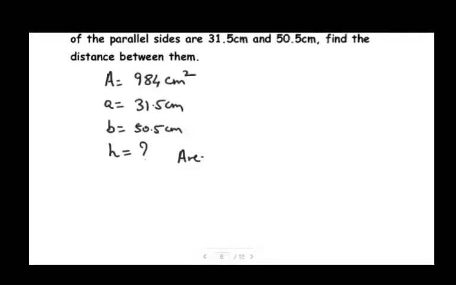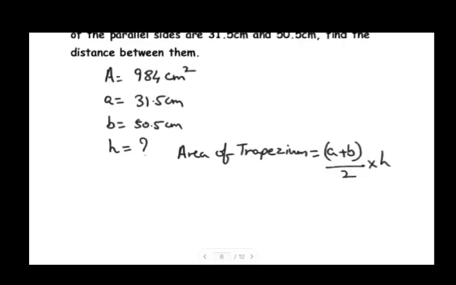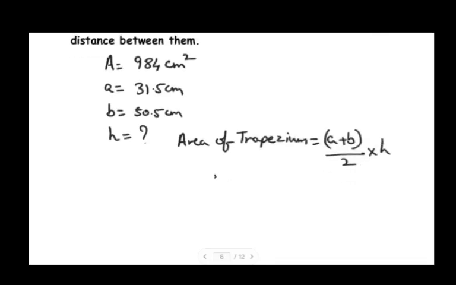So area of trapezium is equal to A plus B upon 2 into H. Area is given as 984.